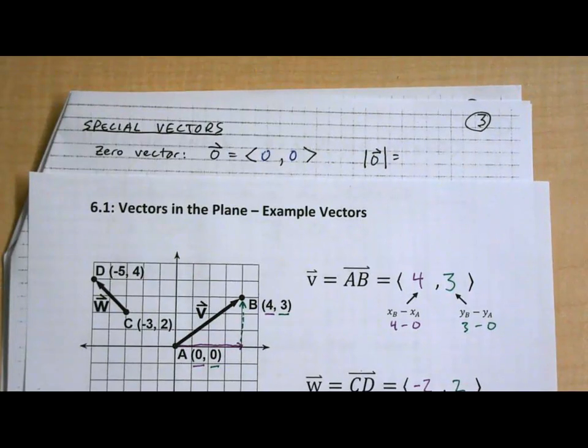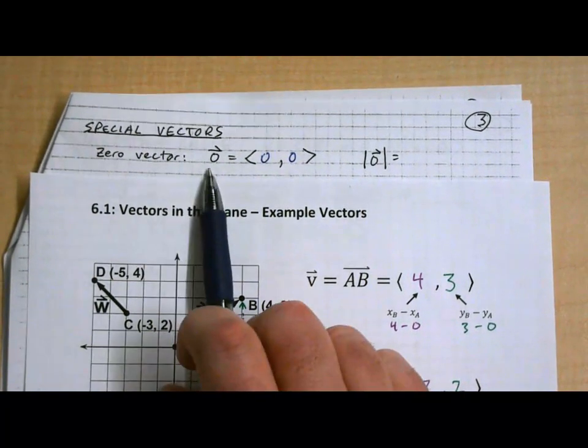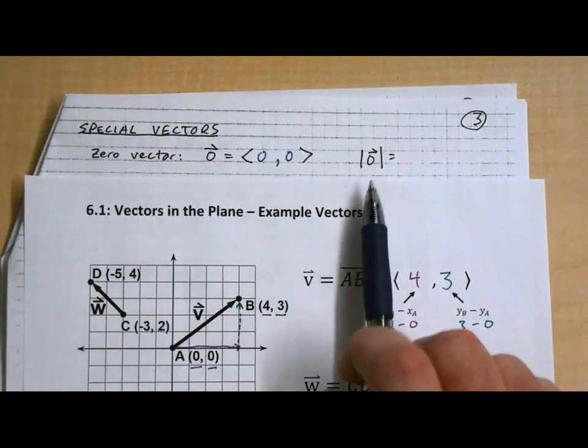When we pronounce this, we're going to pronounce it as the 0 vector. This is the 0 vector. I don't want anybody to say it out loud.